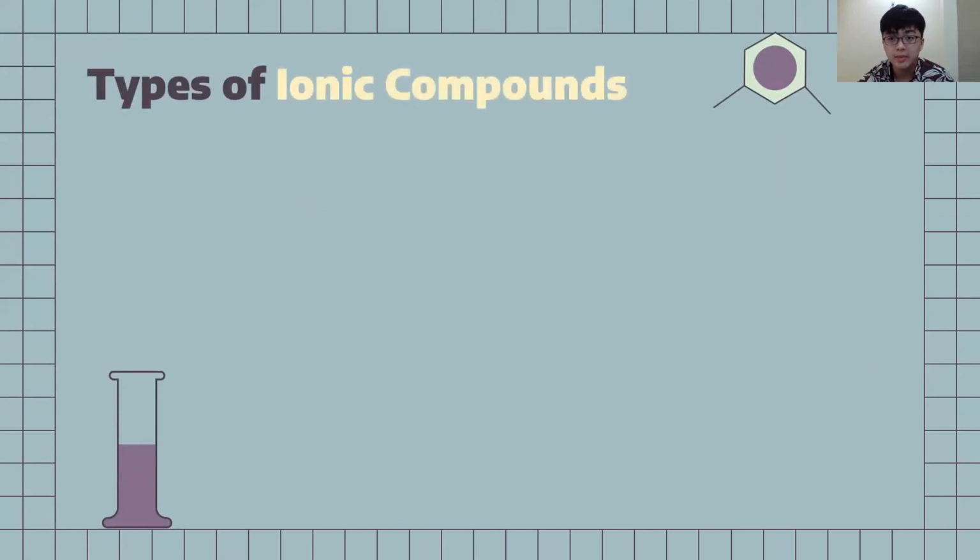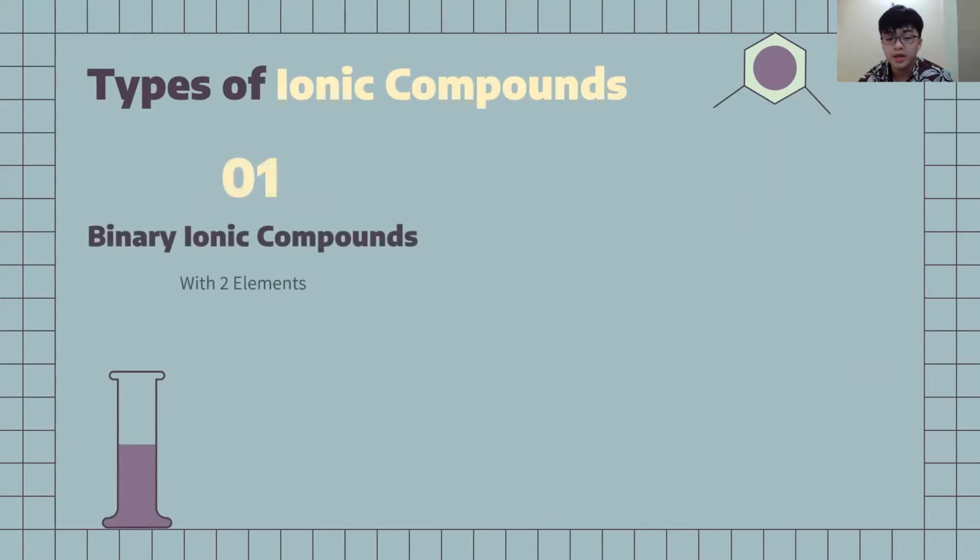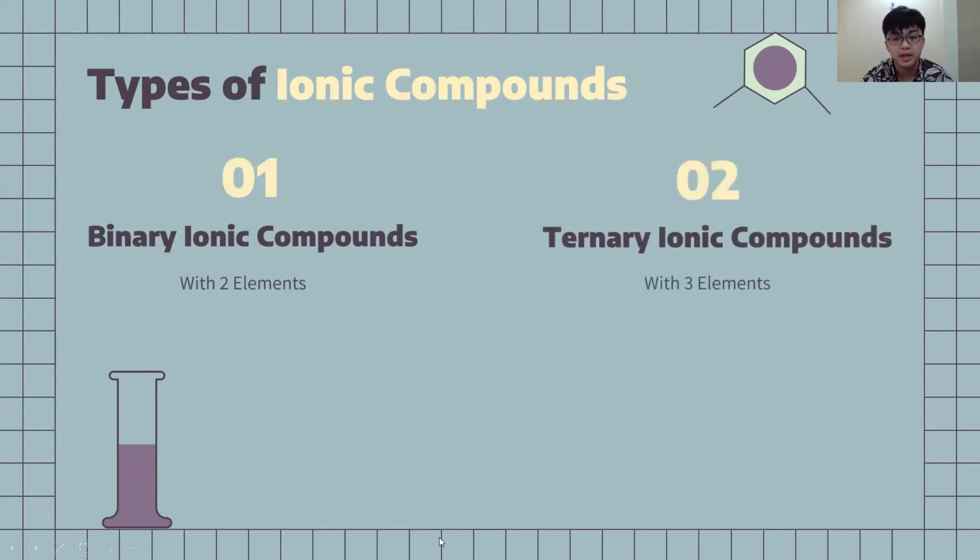So here are the types of ionic compounds. First, we have binary ionic compounds, which are ionic compounds with two elements. For example, NaCl. They have two elements. Next we have ternary ionic compounds, which are ionic compounds with three elements.